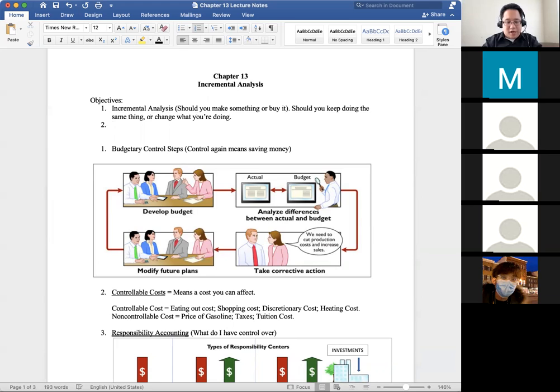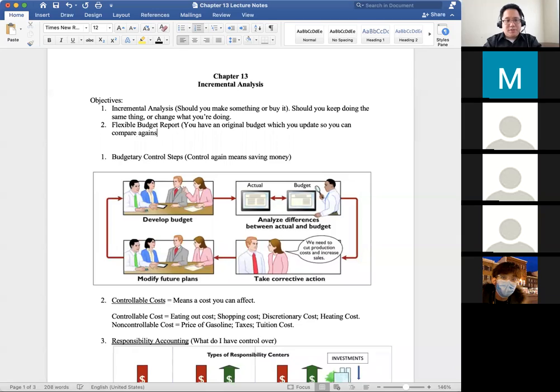The second thing we're going to talk about is a flexible budget report. Okay. Flexible budget report means that you have an original budget which you update so you can compare against what actually happened.